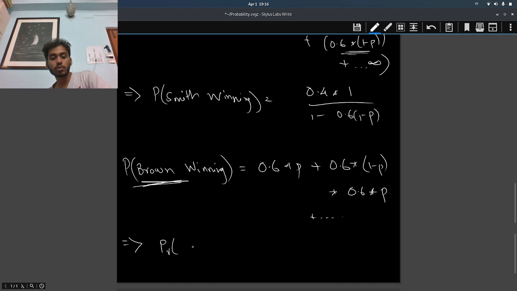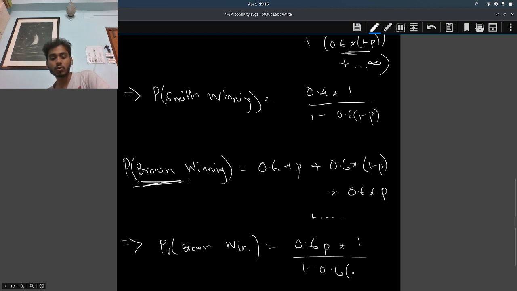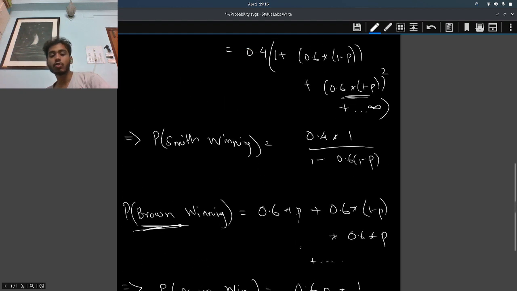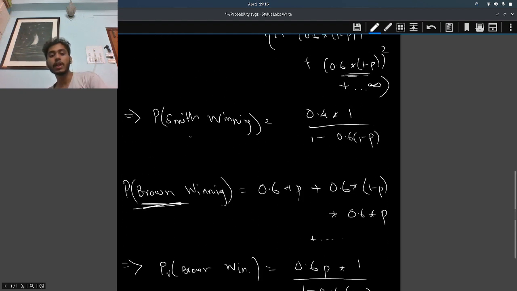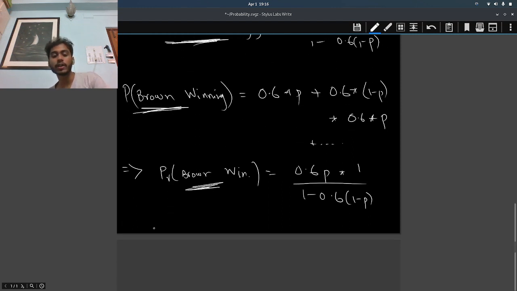Let's say the probability of Brown winning is equal to 0.6 P. If we keep common, we will again get the same common ratio and the same sum. And the question says that this game favors neither, which basically means the probability of Smith winning is equal to the probability of Brown winning, right?